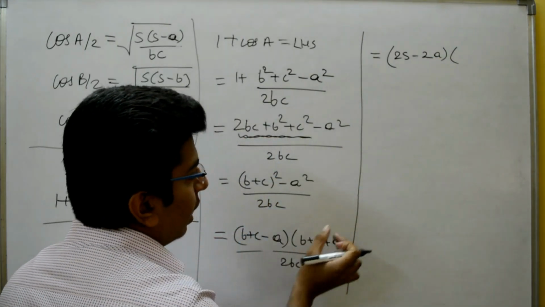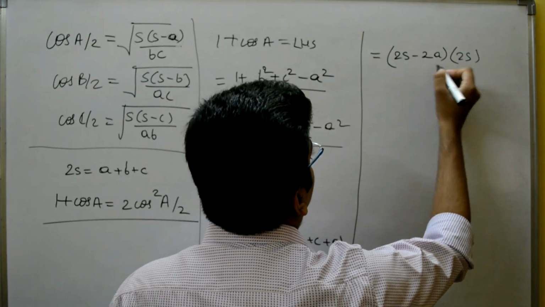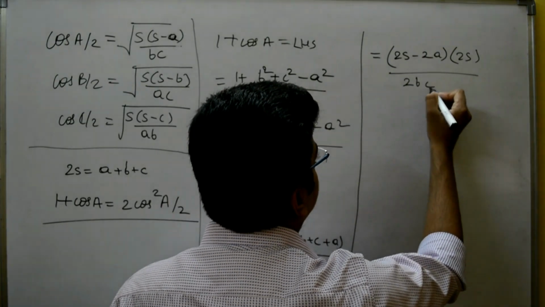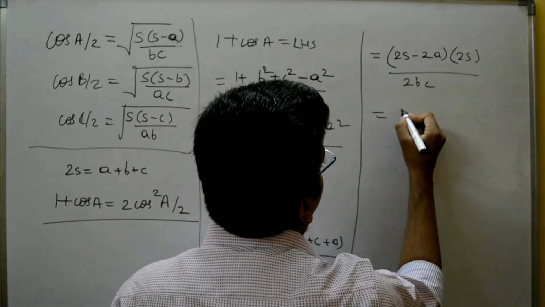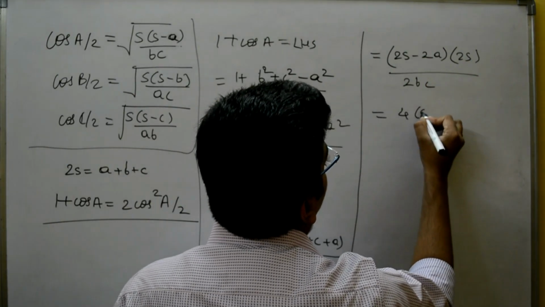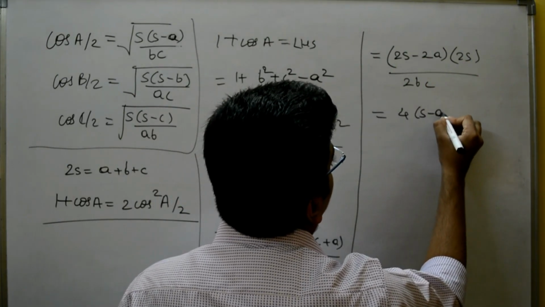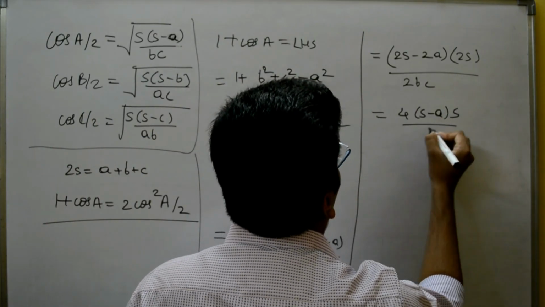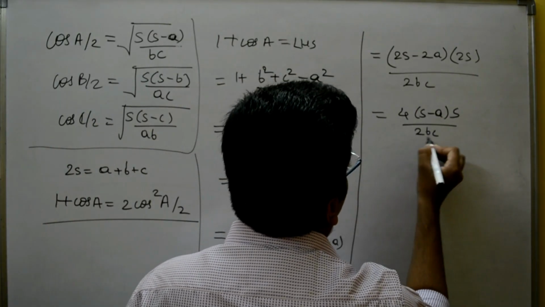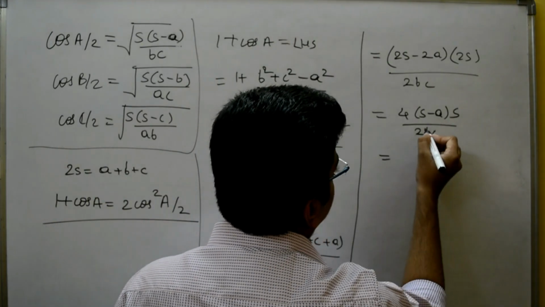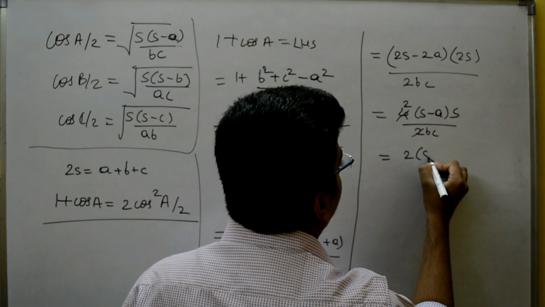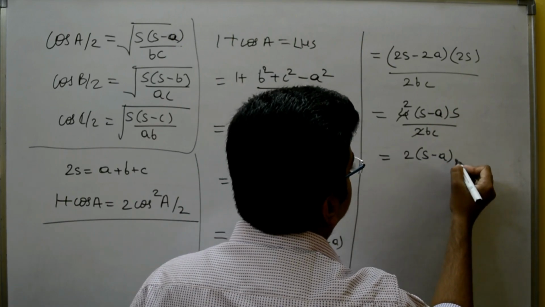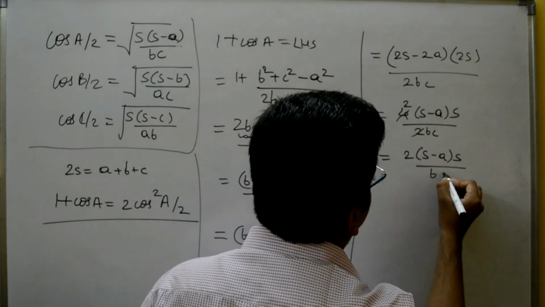And over here it is 2s upon 2bc. So taking 2 common from both, it will be 4s(s minus a) upon 2bc. So this 2 and this 4 will cancel out: 2s(s minus a) upon bc.